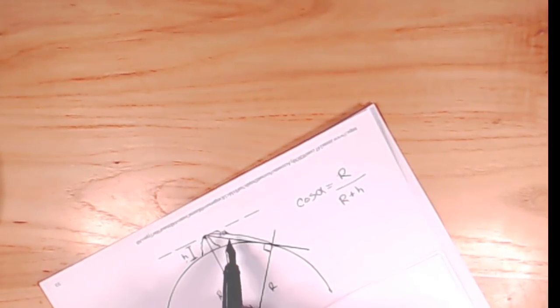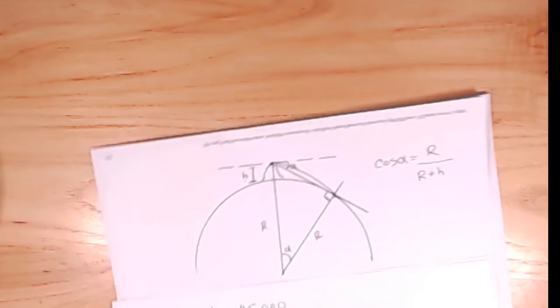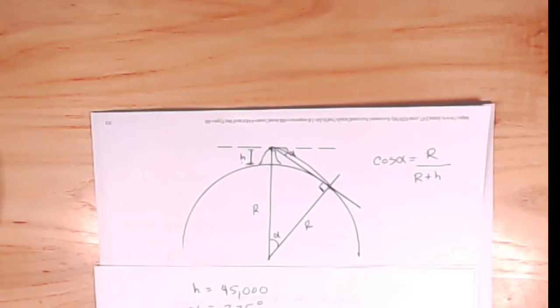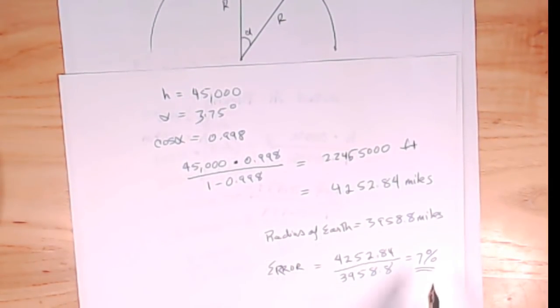And as a result, when we look out the horizon actually appears to be a little higher than it truly is. This is called looming. And this will result in us overestimating the radius of the Earth slightly. And as we said, it's about 7%. That's not too bad.